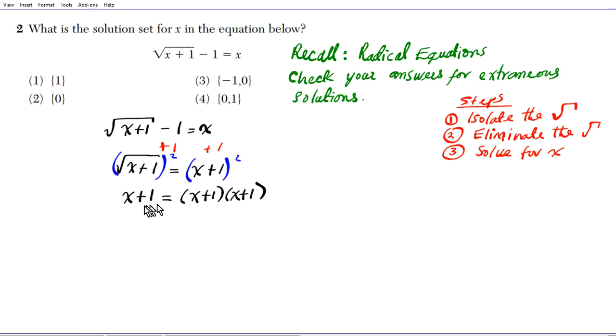Okay, now let's simplify. On the right side, we can distribute this. X times x is x squared. When you do your outer and inner, you have plus x, which adds up to 2x plus 1. Alright, now we're done with the elimination completely, and we've simplified. We're now going to solve this resulting quadratic for x.